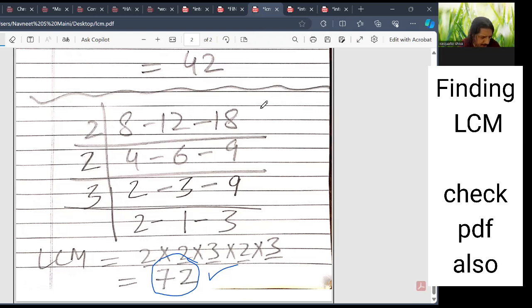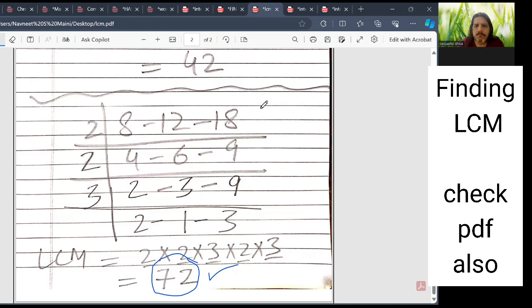After 216, the next number would be 288. So either it should be 216 or 288. I think there is some problem with 244. But have you understood the logic?